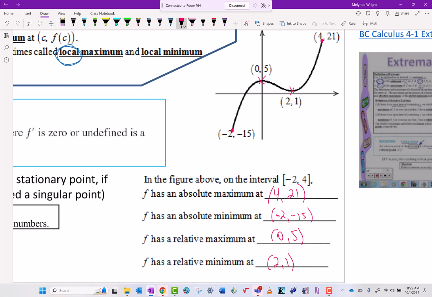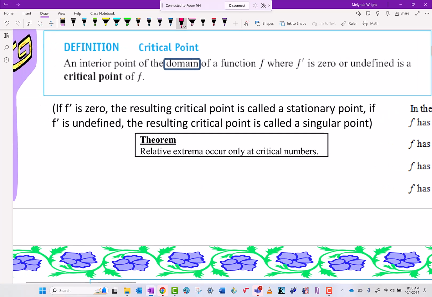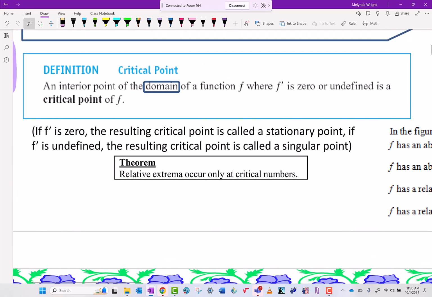Again, because this is the smallest y value in the general area, just in this specific area right here. Okay, are we all okay on the difference between relative and absolute? We good?